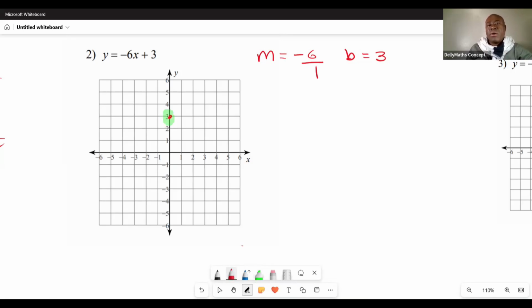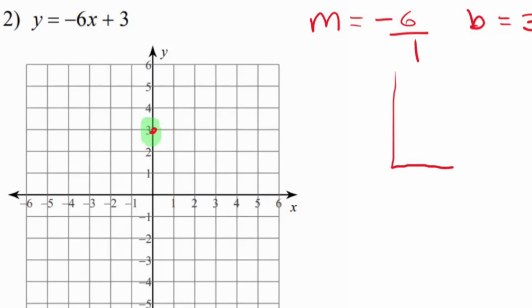The second thing that we're about to do is we're going to execute our slope, which is negative 6 over 1, which means we're going to go down 6 and then across 1. Okay, so let's mark it off. Because it's negative, we're going to go down. So we're at 3, so it's going to be 1, 2, 3, 4, 5, 6. So that's going down 6 and then across 1.